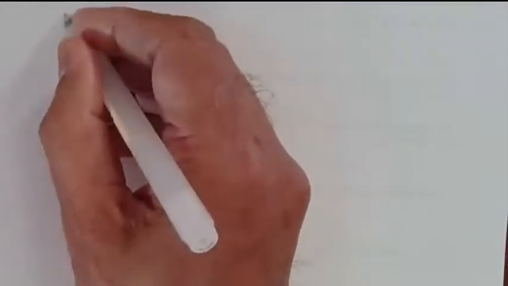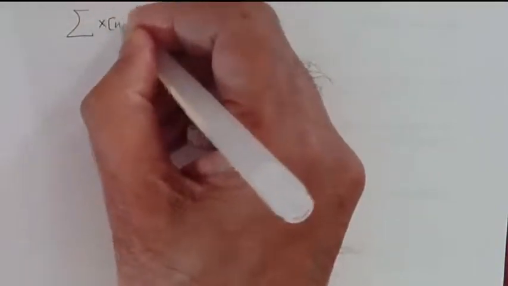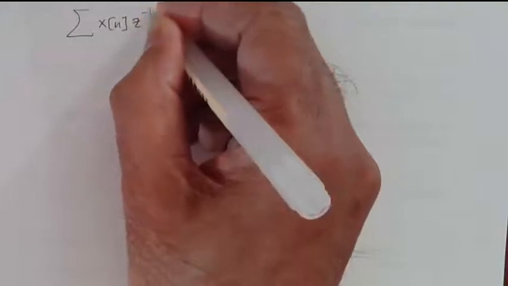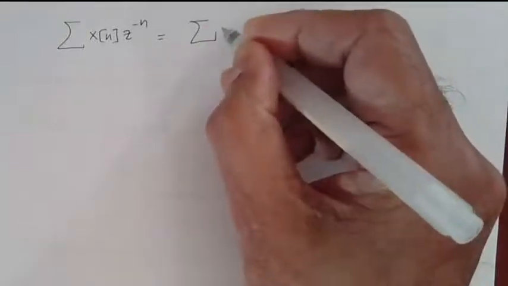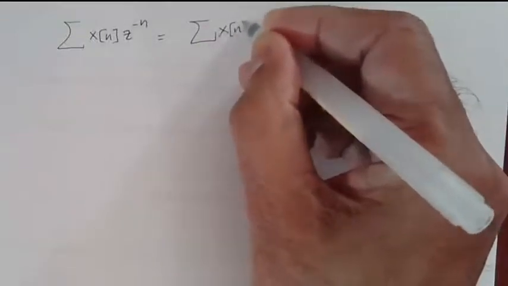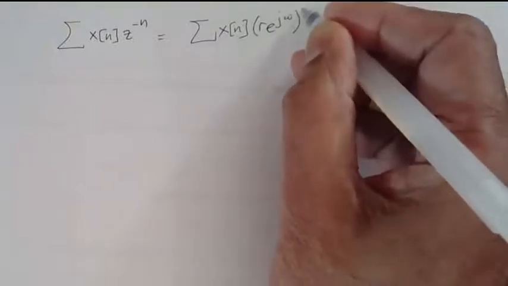Okay, one last thing. The other way you can show this as well is, remember that x of z is the summation of x of n z to the minus n, right? And we can write z as r e to the j omega. So this would be x of n, r e to the j omega, to the minus n.